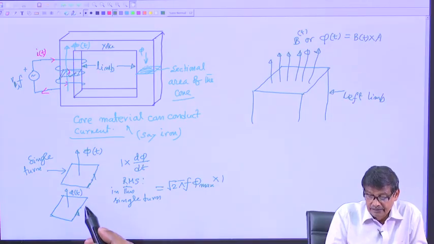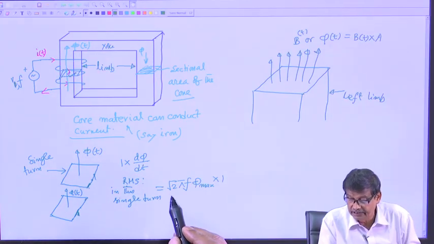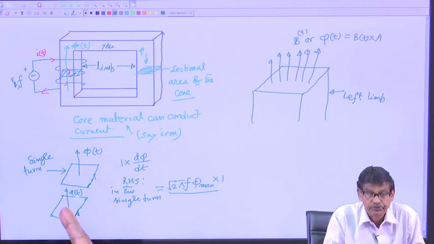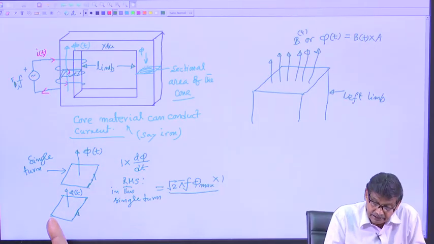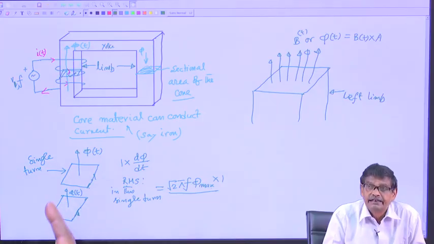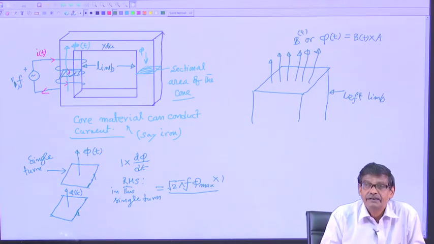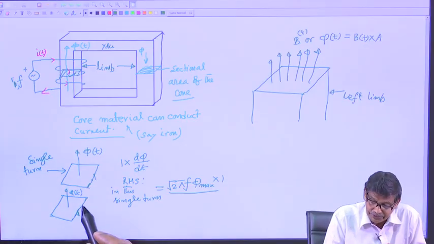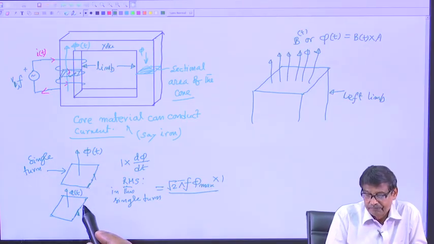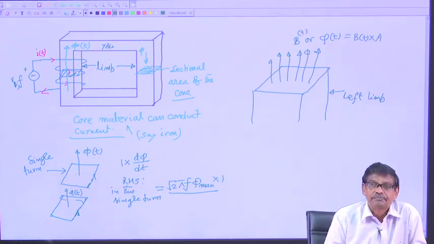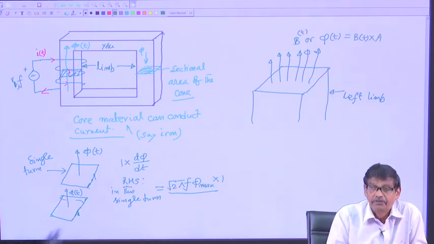If it is closed, then this RMS voltage induced here, divided by the resistance of this turn, will give me the current, and that current too will be time varying, AC current will be flowing.